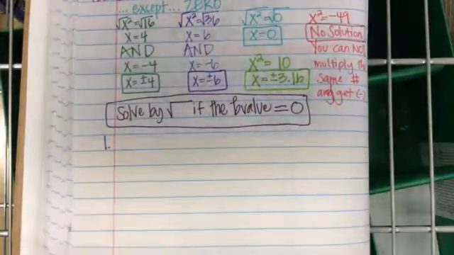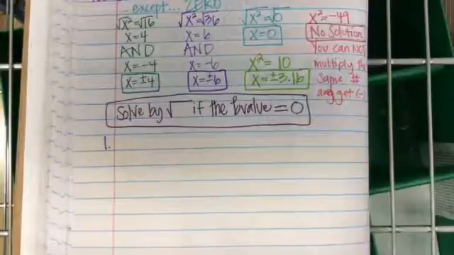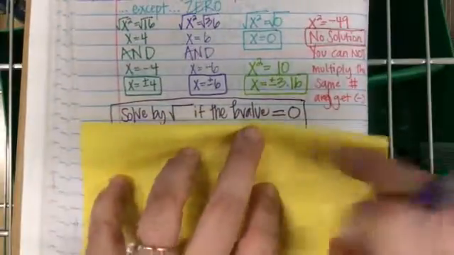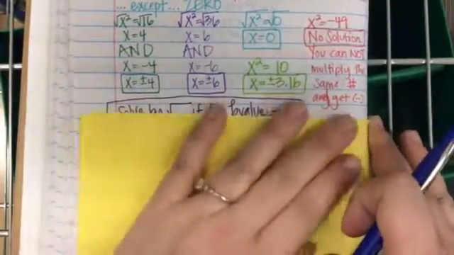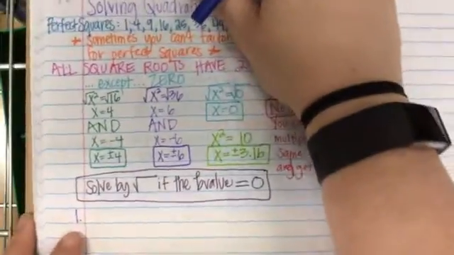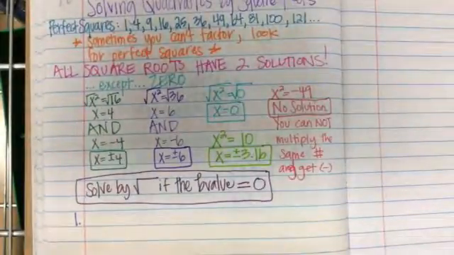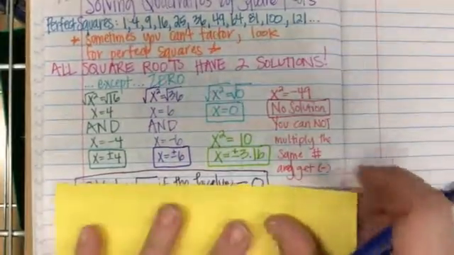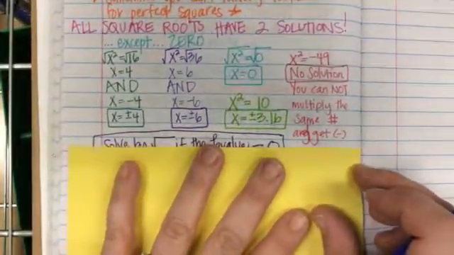Oh no, let's do this. I gave you a yellow piece of paper. Sorry, I forgot. How come these questions are x squared equals where the rest of them were y equals? They weren't y equals. They were 0 equals.